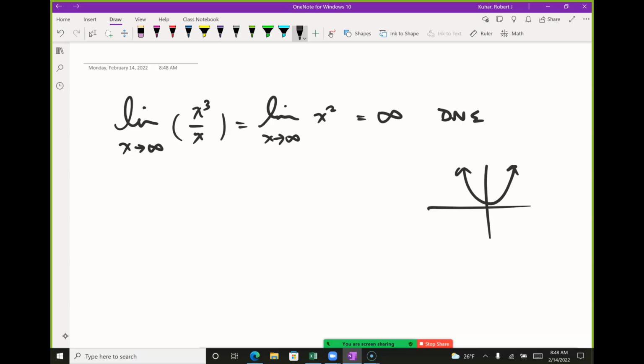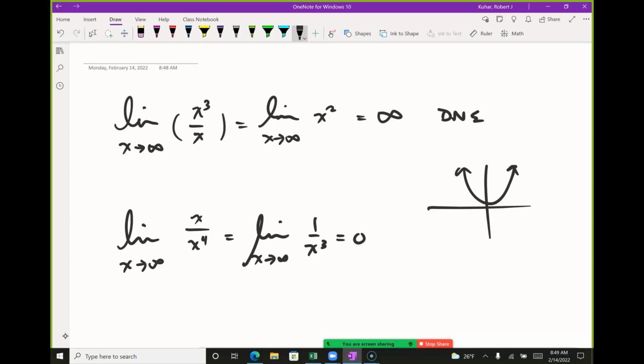So the key here is when the numerator dominates, I have an infinite limit, right? When the denominator dominates, like x over x to the fourth, I'm going to get something like the limit as x goes to infinity of 1 over x cubed, and that's my theorem already. 1 over x to the n as x goes to infinity is 0. So when the denominator dominates, I'm going to get a limit of 0.